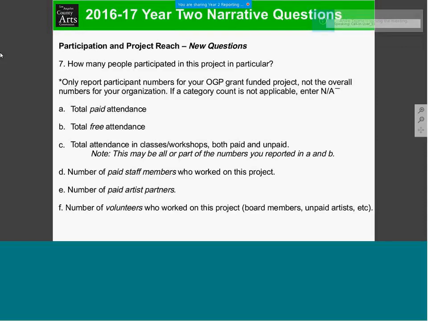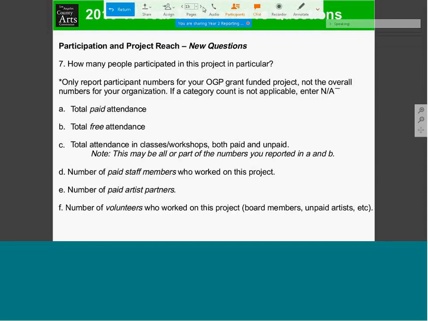If there were additional folks, though, that helped to bring the project to fruition, that would be an additional opportunity to really demonstrate the effort that it took to bring this project to fruition. So that's the purpose of these individual questions. We want to see the impact on your workforce, your organization, volunteer artists, and staff members supporting the execution of this project.